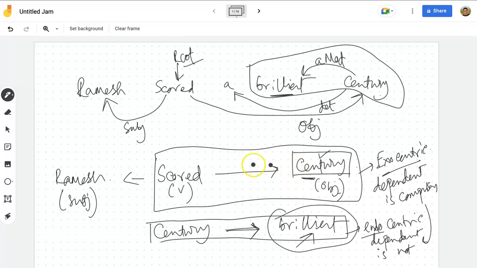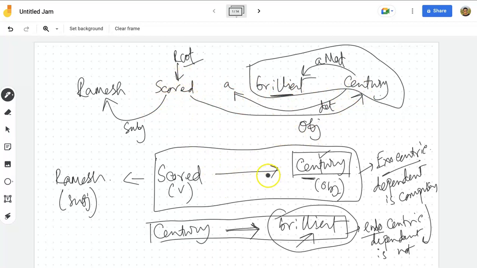Without this dependent part the relation means nothing. If you take this example, scored to century, there is a path between scored and century, and century is the object of scored.